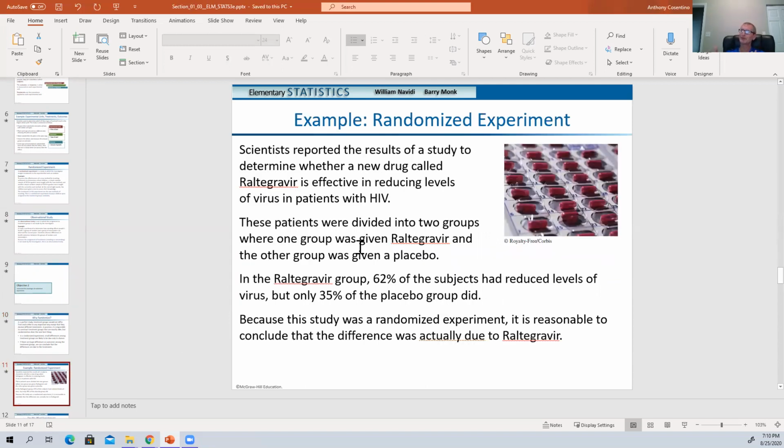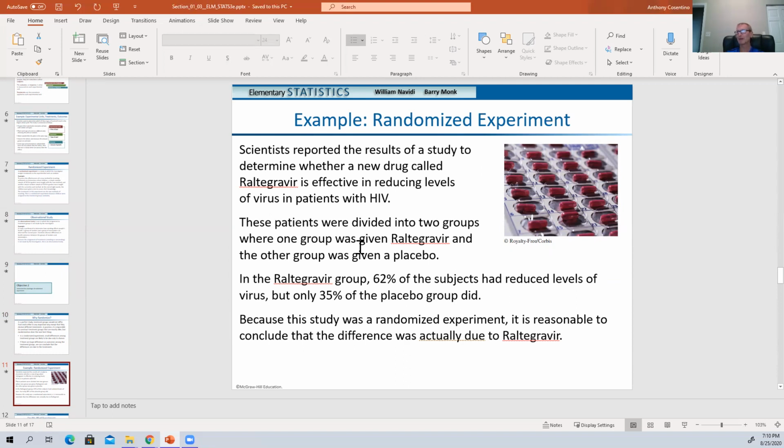And you could read this aspect of it here, where scientists are reporting the result of a study of a new drug. And you could see that they were split into two groups. The scientists split these patients up into two groups. One was given the drug and one was given the placebo. Same thing that they do when they test the vaccine.